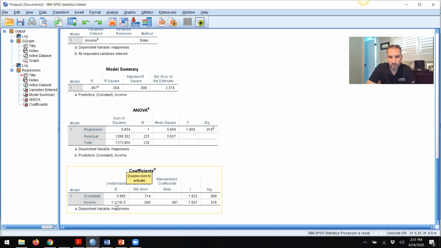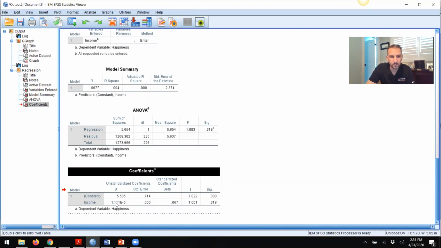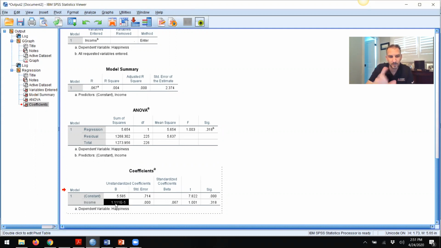So what did we find? Well, this B is a little unusual because it's got an E in it. If you know scientific notation for numbers, you know that means it's a very, very small number. So you can construct an equation, and I'll type it on the screen.